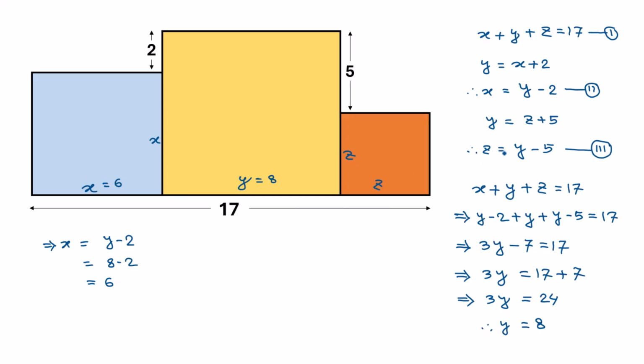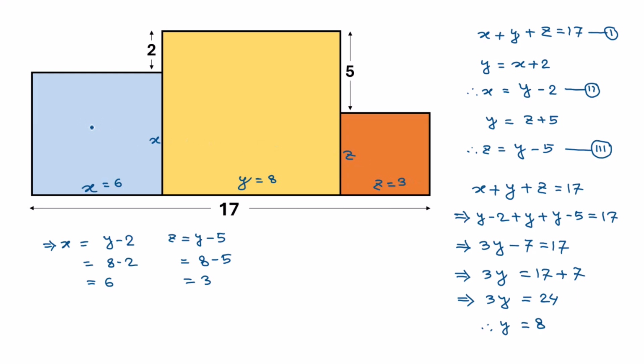And from equation 3, we have z is equal to y minus 5. Substituting y, which is 8, we get 8 minus 5, this is 3. So the value of z is equal to 3. The length of this orange square is 3.